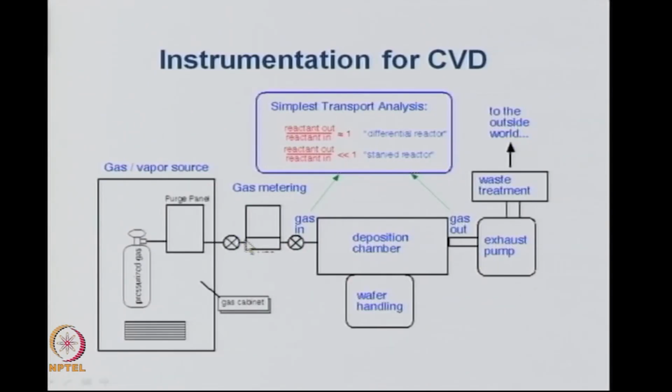Then the gas is sent to the final deposition chamber, where the substrate or the wafer, if it is a silicon substrate we call it a silicon wafer, or it can be a quartz substrate, there can be many substrates, are placed.